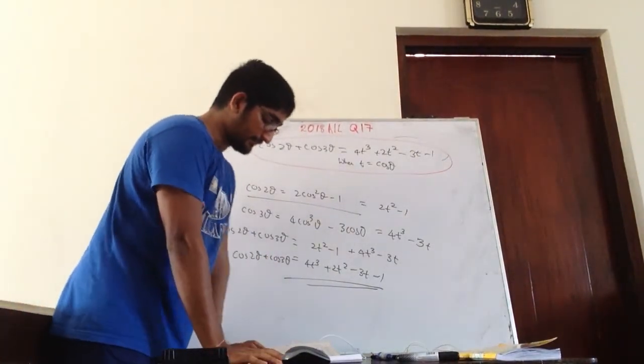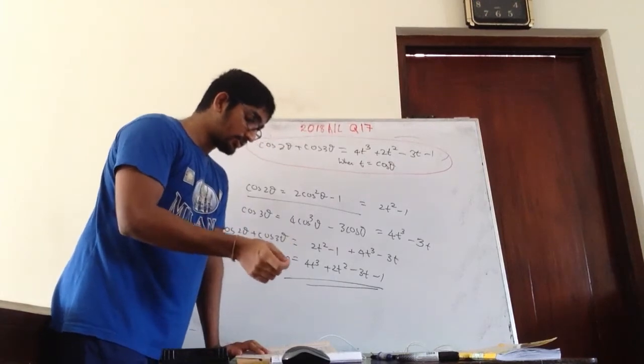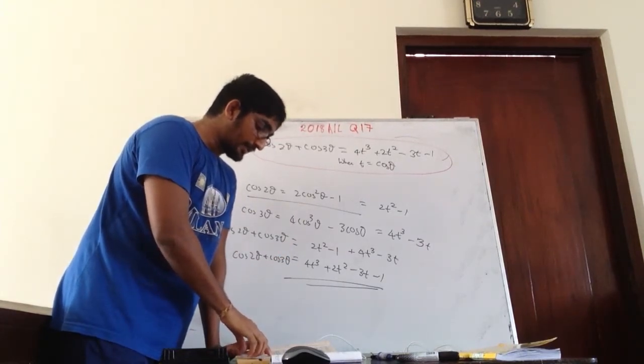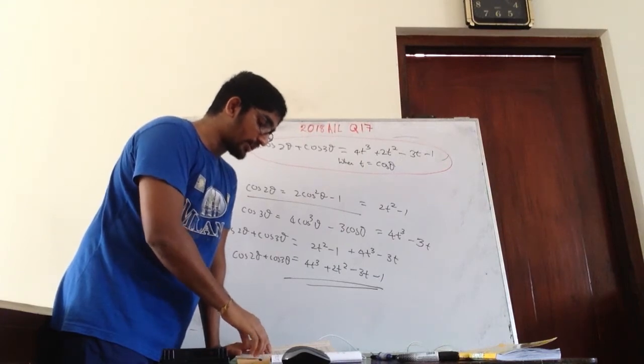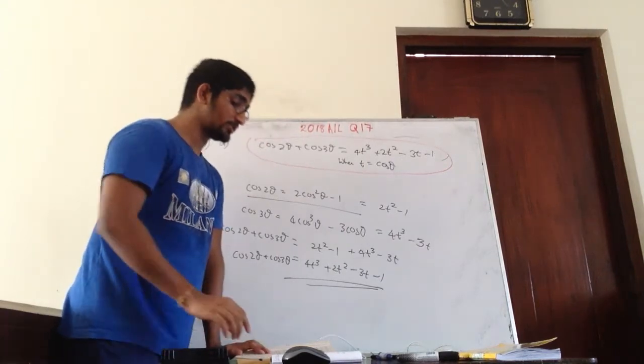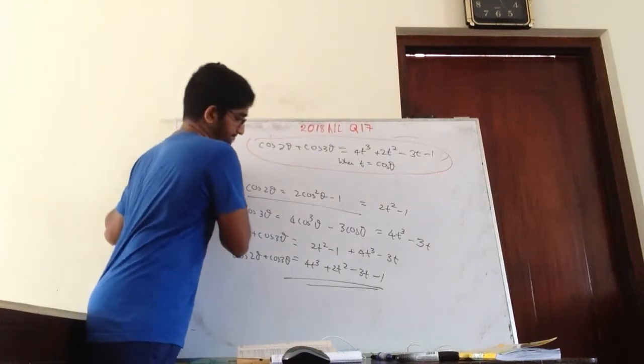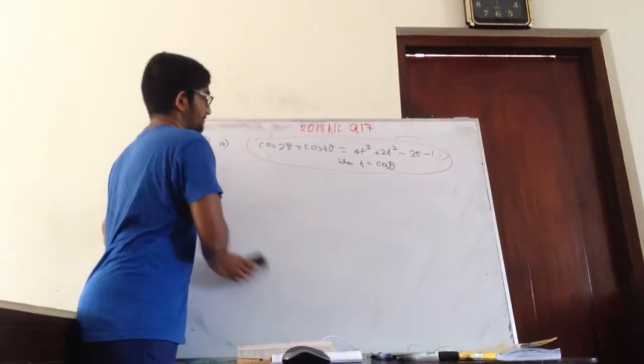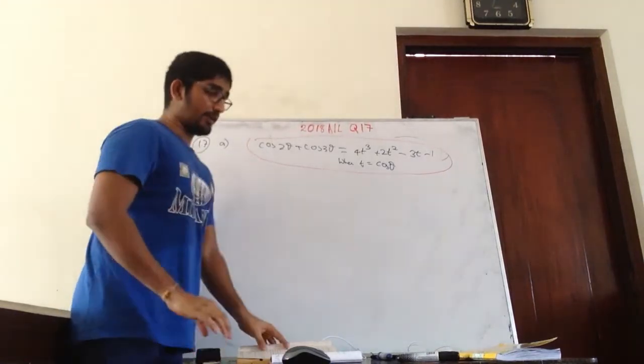Right, then they are saying, hence write down the three roots of the equation 4t cube plus 2t square minus 3t minus 1 equals 0. Okay. Right.